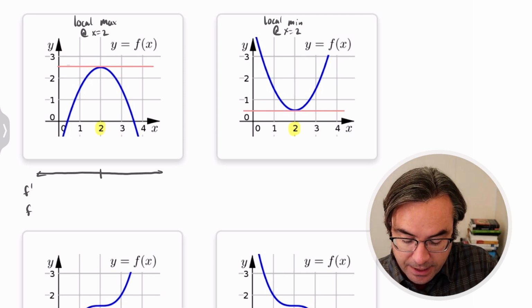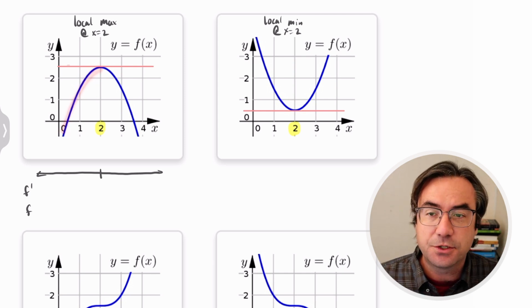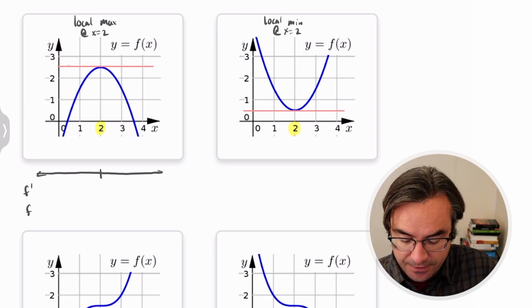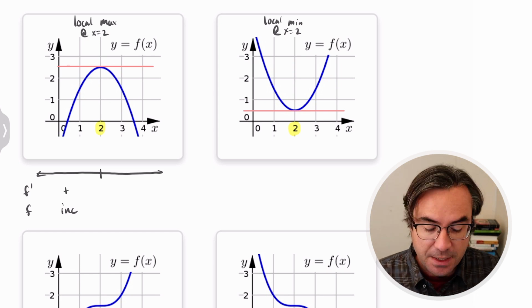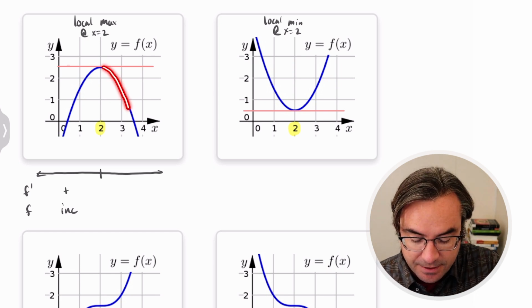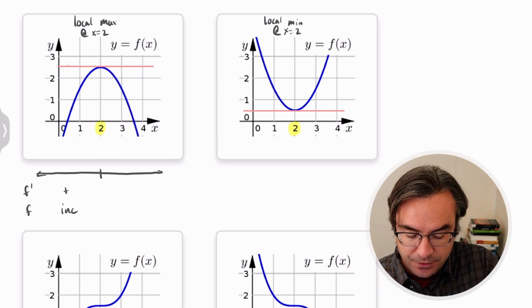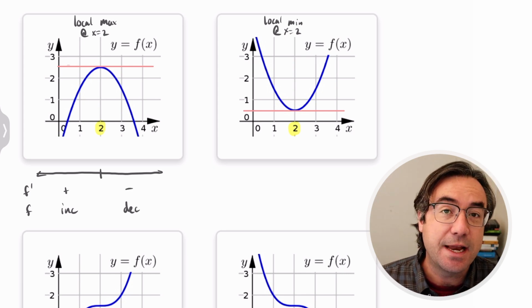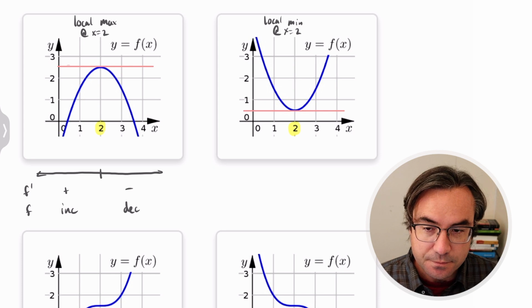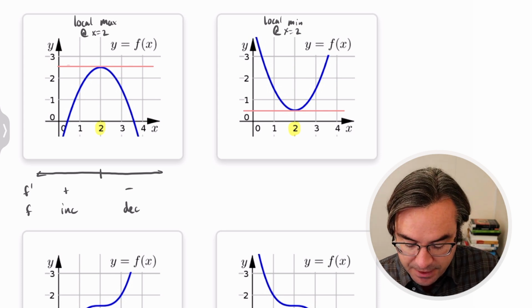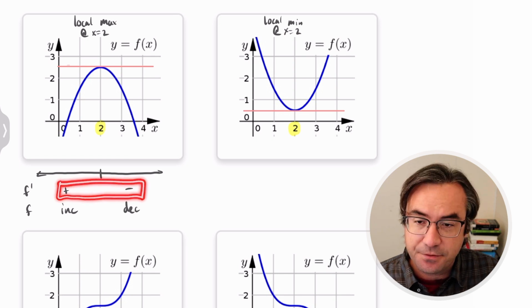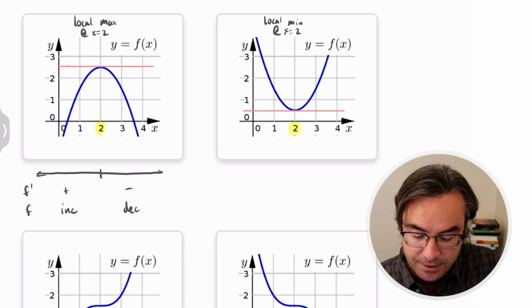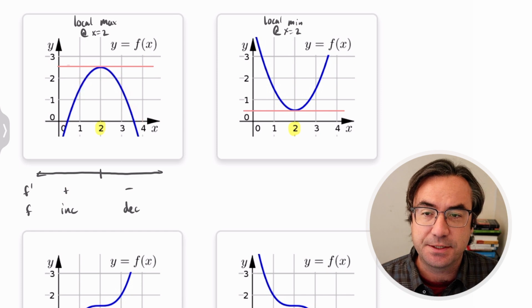So if we look at the function, it is increasing on the left-hand side, which means f prime is positive. And on the other side, the function is going down. So that means f is decreasing and f prime is negative on that side.